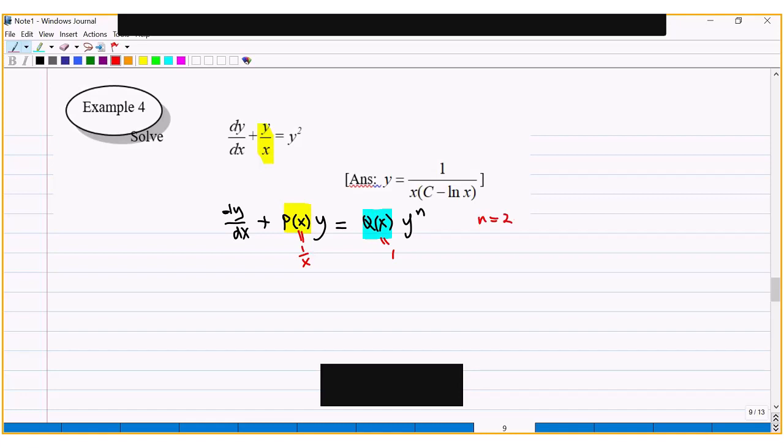So you know that this is the Bernoulli equation. So how do you solve this Bernoulli equation? You just divide both sides by y squared.